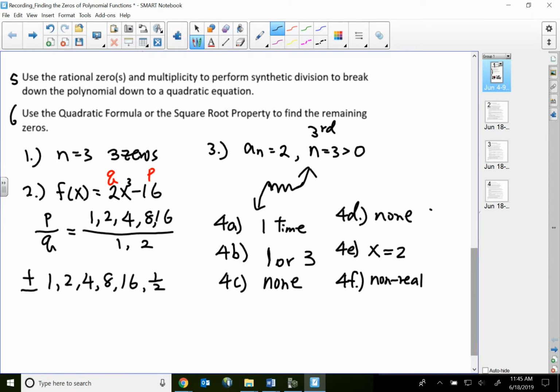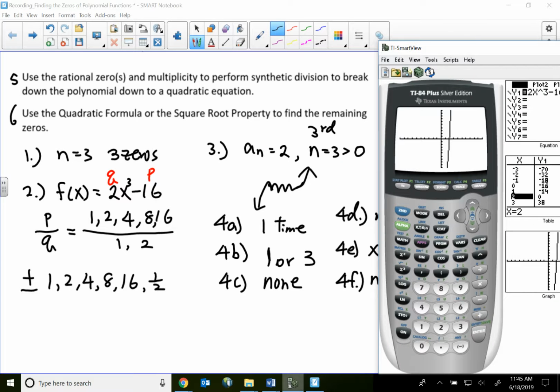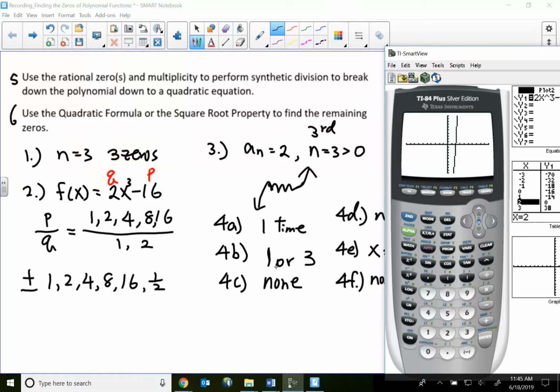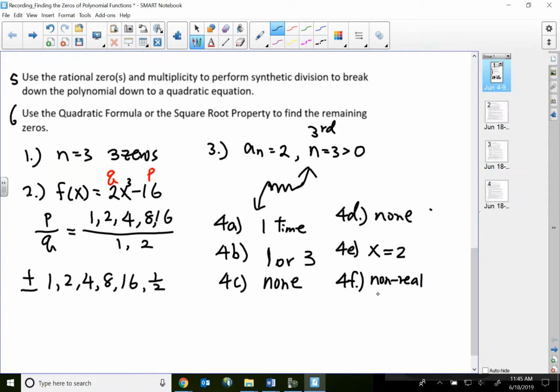So right now, based on what we see so far, I don't know exactly what my multiplicity is, but I can say the multiplicity is either 1 or 3. If it's 1, then the other 2 got to be non-real. If it's 3, then all 3 of my zeros are exactly the same. Now, we don't know that until we go a little bit further.